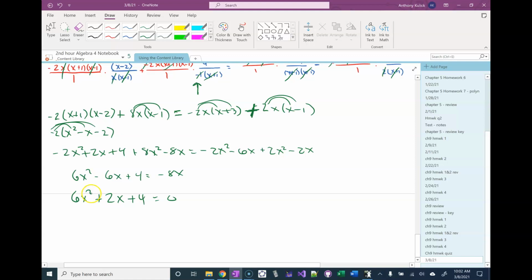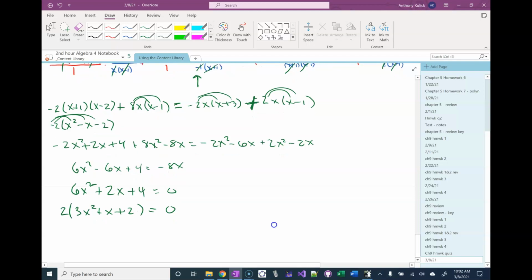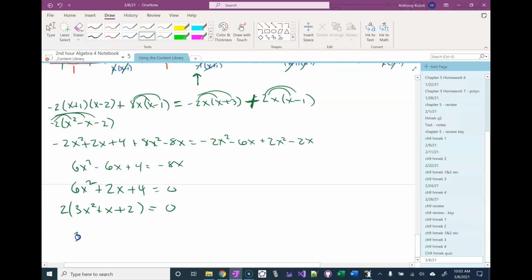To solve a quadratic, I can either solve it directly, I can factor it, or I can use the quadratic formula. Looking at this, I know that I can't solve it directly because I have both x squareds and x's. If I were to try to factor it, it would have to be that long factor because the leading coefficient isn't 1.